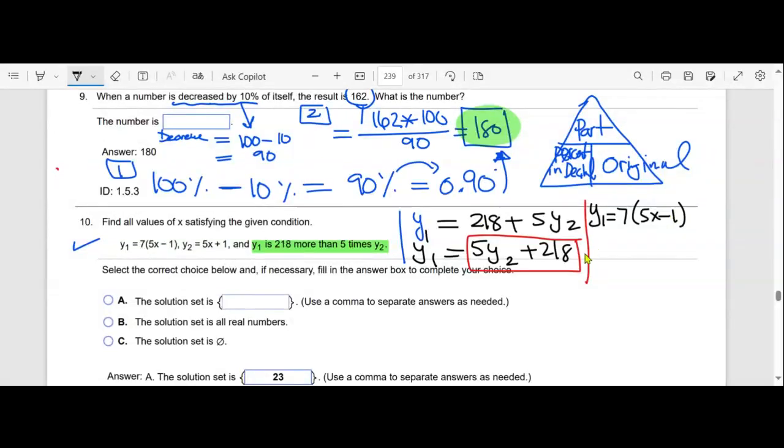I'm going to replace y1 by this value, which is 5y2 plus 218. Now what should I do with the 7? Distribute. So you get 35x minus 7 equal 5y2 plus 218. Then isolate.